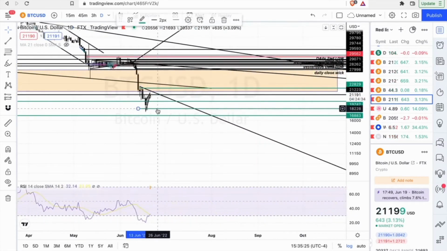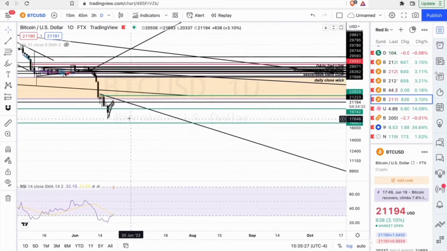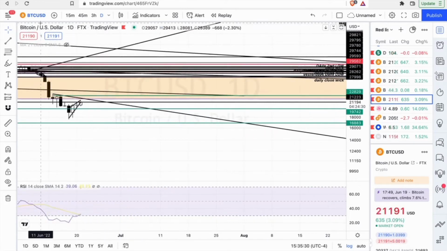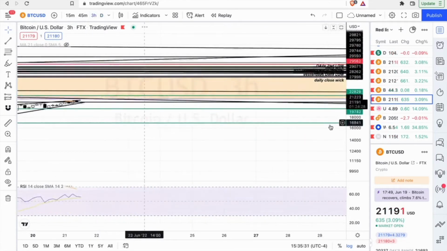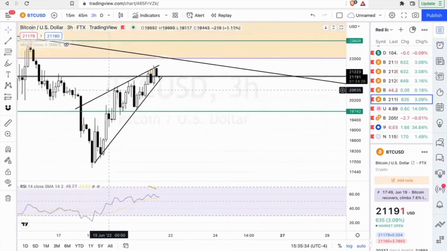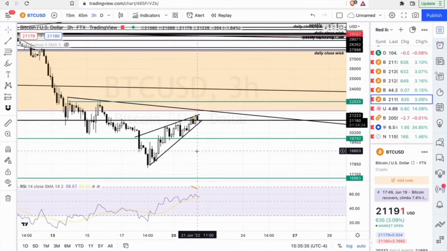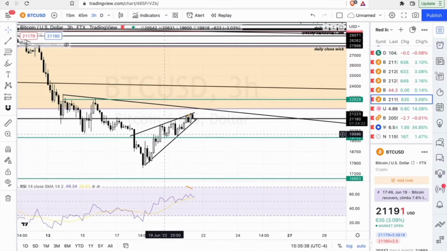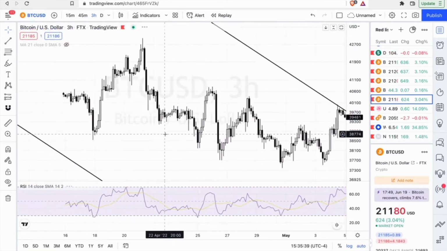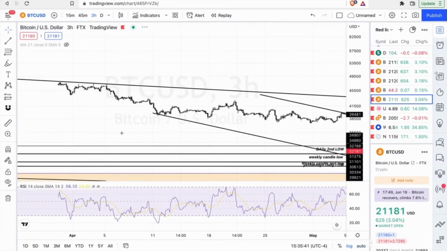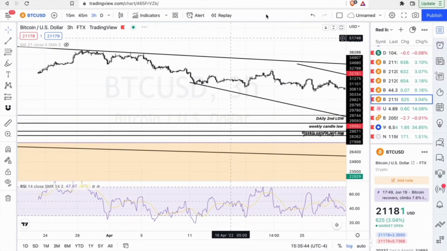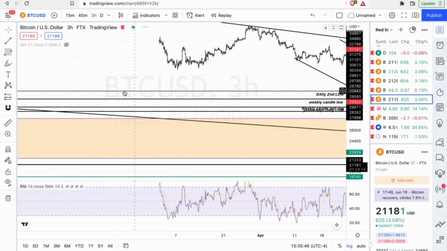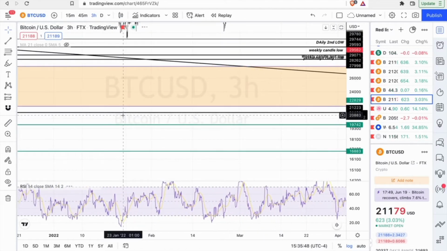These two wider green lines led the last one for us, letting us see a little more clearly the last price action we had down at this 20K area. Let me get back to it on a 3-hour chart really quick.